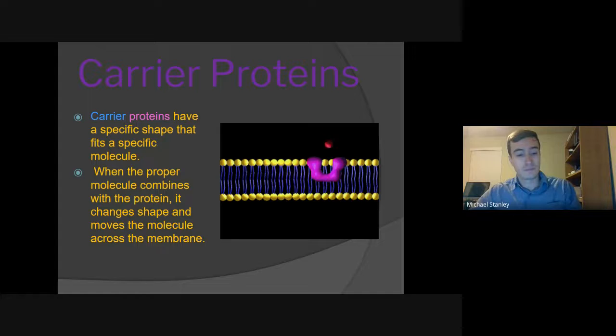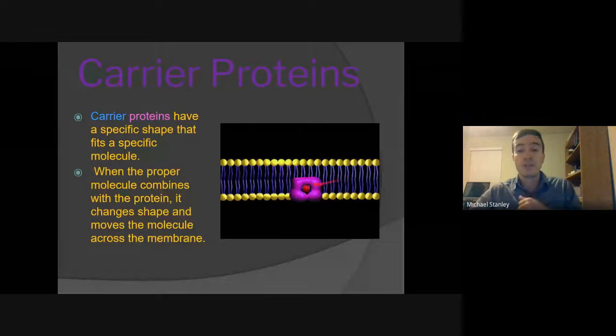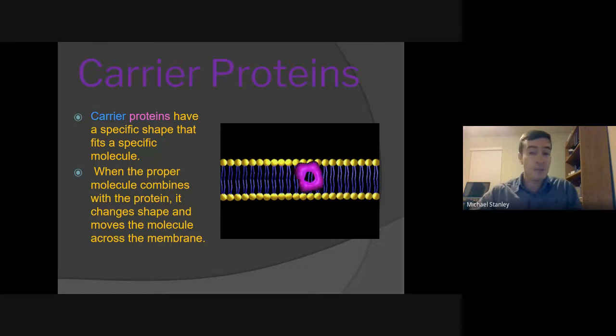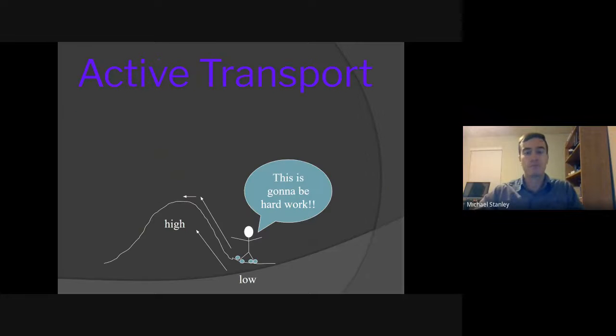All right. So all of this is still passive transport. It still is all happening, no energy needed, just kind of happening naturally. Where we do need the energy to kick in is in the case of active transport.